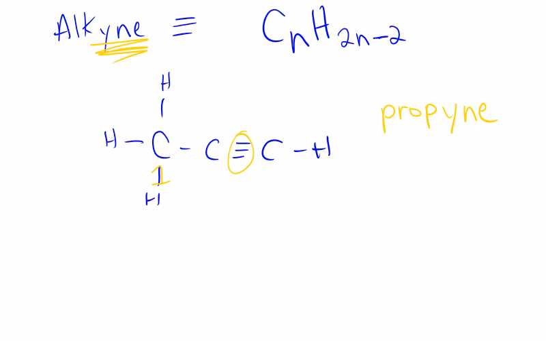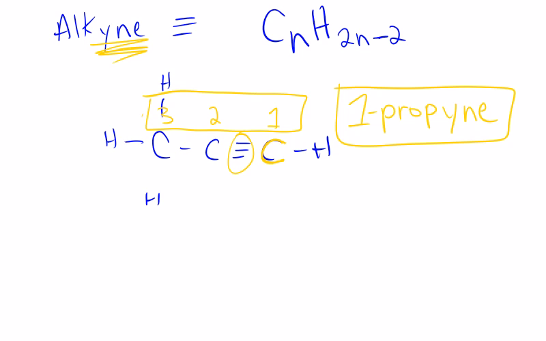Should we name them from left to right this way, or should we name them from right to left this way? The correct answer would be to name them from right to left, because we need to start at the side closest to the triple bond, which would be that carbon there. So in this case, it's on our first carbon, so we are going to refer to this as 1-propyne.